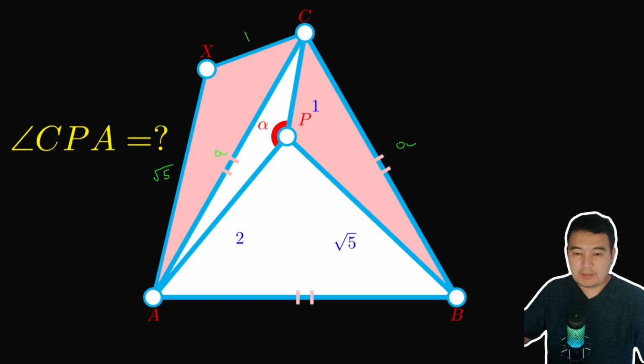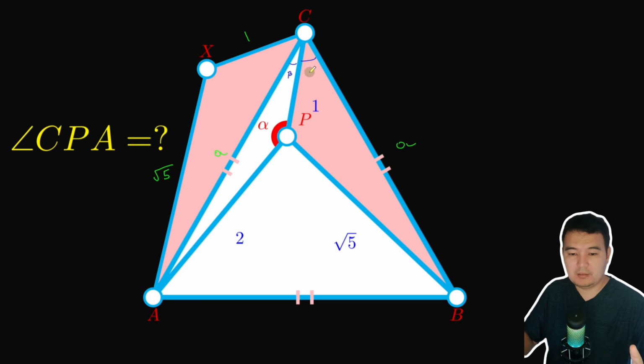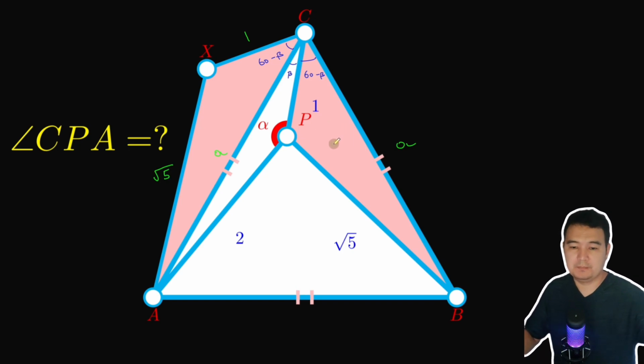So what are the angles? Now let's take a look at some of the angles. Let's say this angle is beta. Since the given initial triangle is equilateral, that's 60 minus beta, and this is also 60 minus beta, because this pink triangle and this pink triangle are the same triangle, congruent triangles. That's just the rotation.